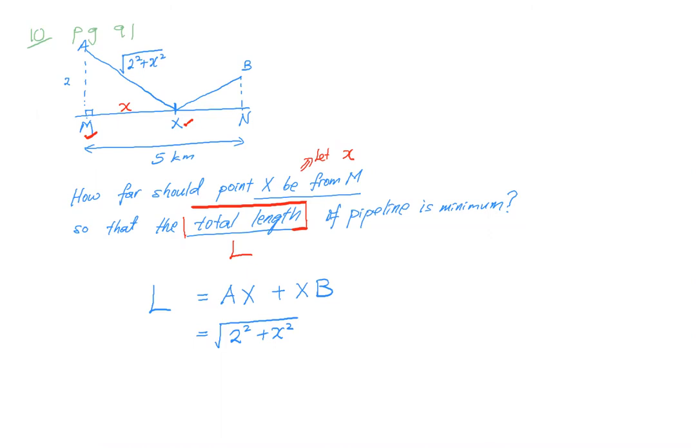Am I right? So now if I want to use XB, I have to know my XN. I'm not going to introduce another formula.